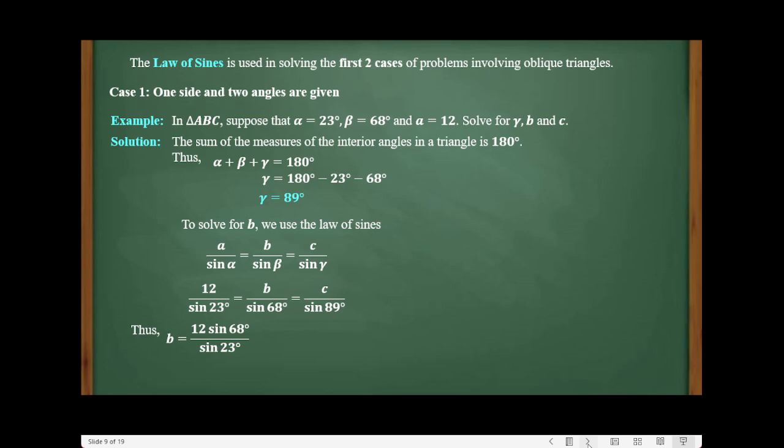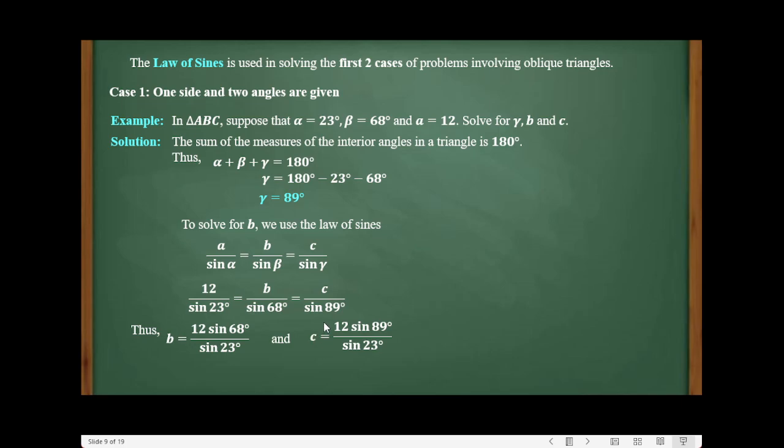So here we're going to consider these two ratios and we solve for b. By transforming this proportion, the equation becomes b is equal to 12 sine of 68 degrees over sine of 23 degrees. Separately, we do the same thing with c. This ratio is equated to this ratio, and at this point, we formed another proportion, which is solving for c.